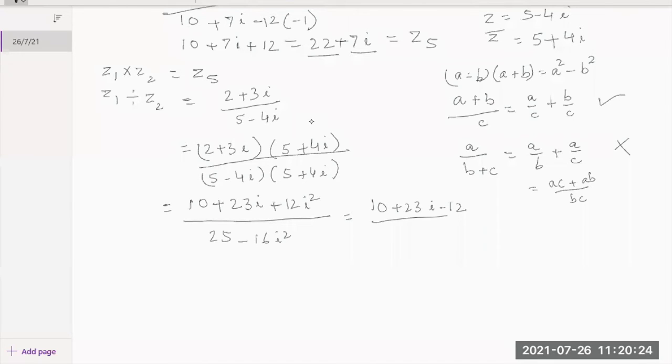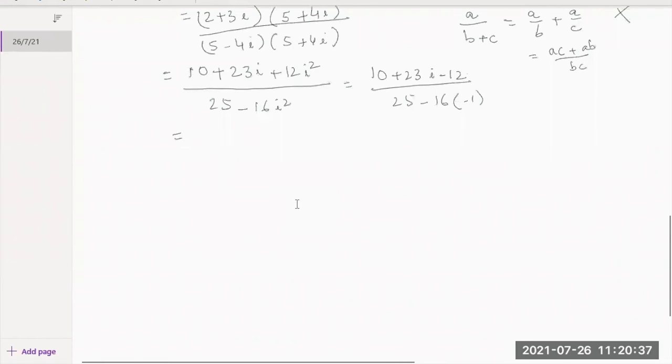This is now again the same thing, 25 minus 16 times minus 1. So now this comes out to be, 10 minus 12 is going to give you minus 2. This is going to give you 23i upon the denominator now.